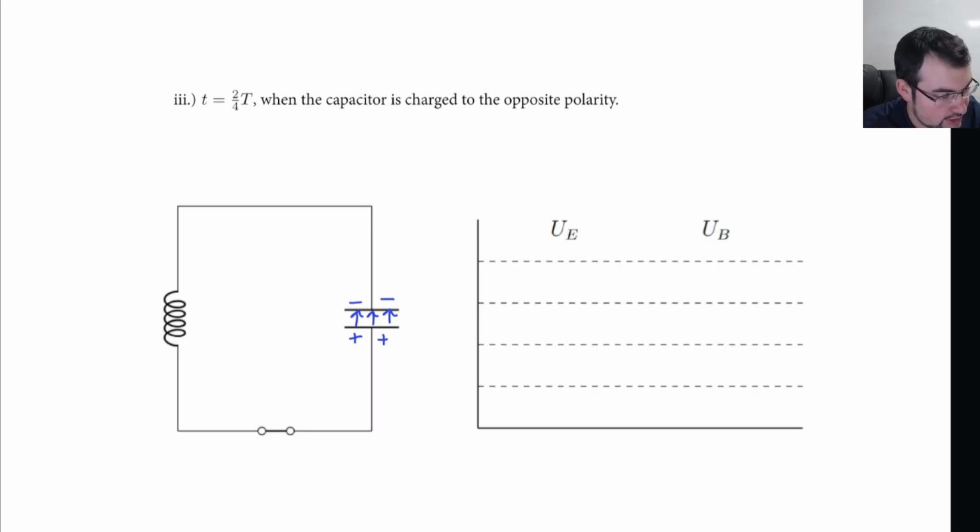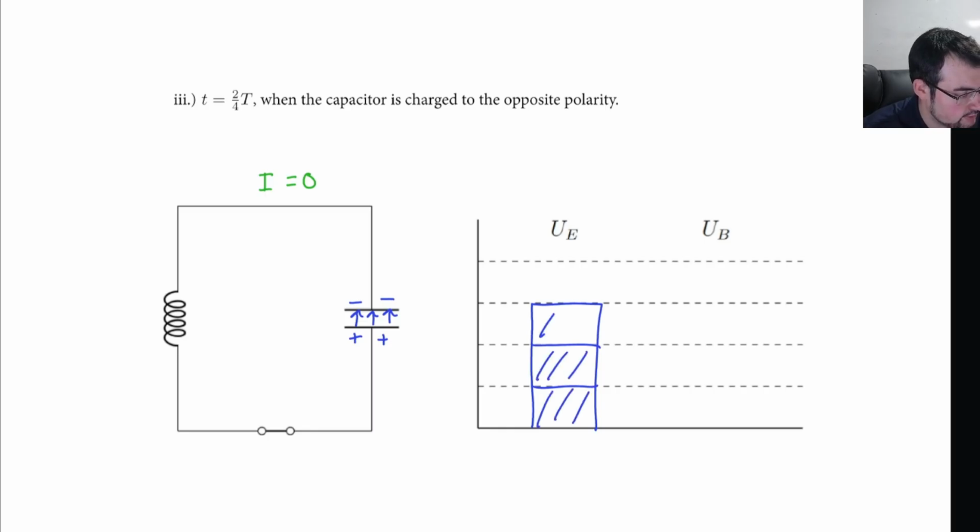Now that still means that the current is 0 because we're at maximum charge. Because if we weren't at 0 current, the capacitor would still be charging. So once again, even though the field reversed direction, we can still say that all of our energy is going to be in the electric field, and none of it's in the magnetic field.